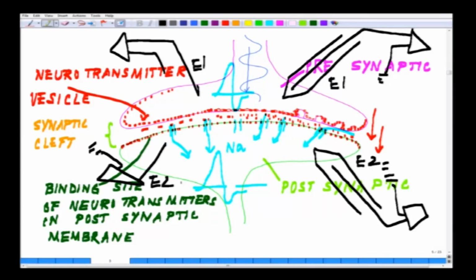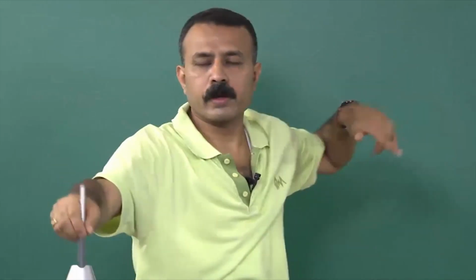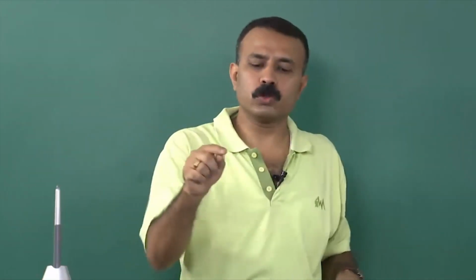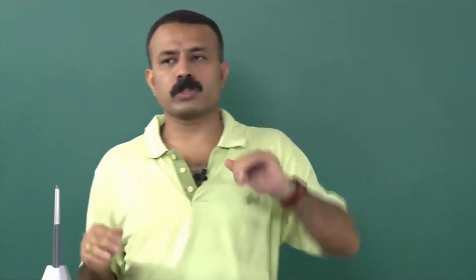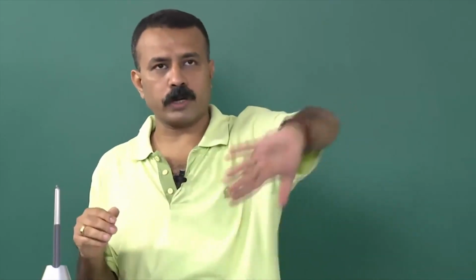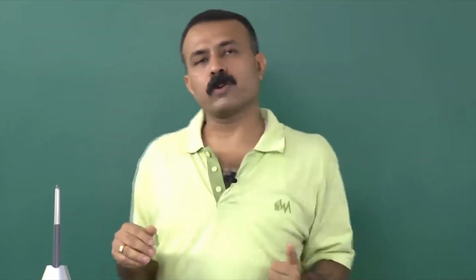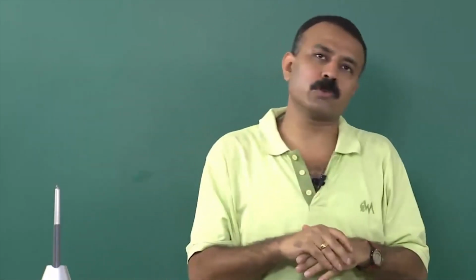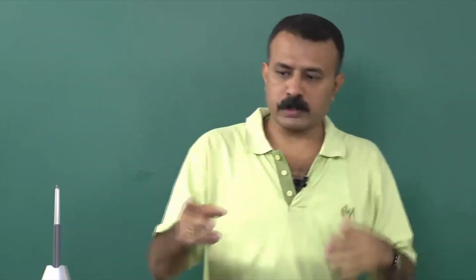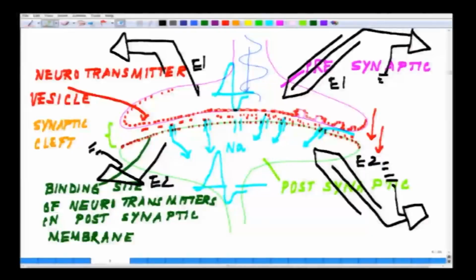If you are not stimulating, you are just keeping the electrodes sitting there, you should be able to see the spontaneous responses, if at all there are any. If there is a spontaneous flow of impulses from the presynaptic to the postsynaptic, you will be able to see the change. Here, basically, you have to do a dual channel recording.